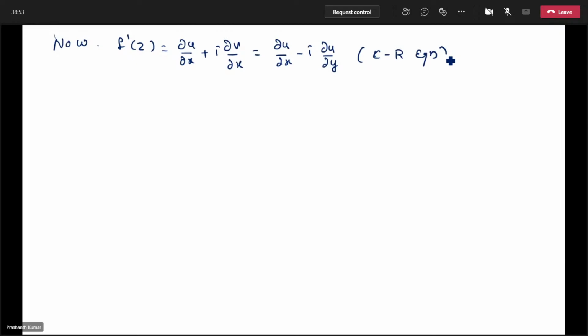Just the problems they will ask: find the analytic function whose real part is given, using Milne's method. This is only for your notes, for your reference. While doing the problems, very simply, you will understand this. Once I solve the problem, you will understand the concept well.